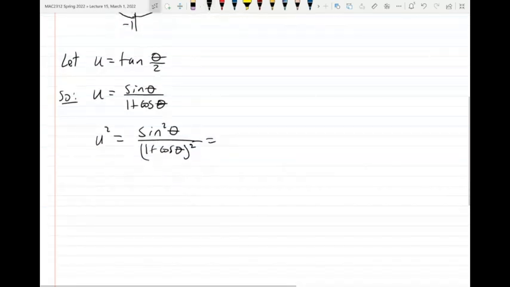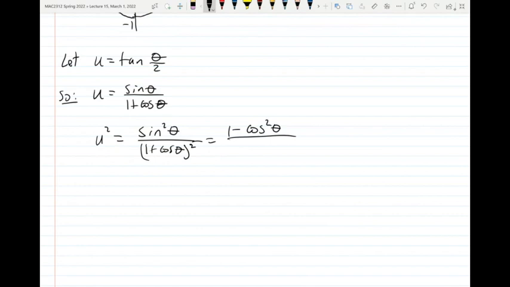Why did I do that? Because now sine squared becomes 1 minus cosine squared. So I'm going to go after the cosine first. Now I don't have sine in the mix. I only have cosine, so I can do something here. In the top, that's the difference of squares.